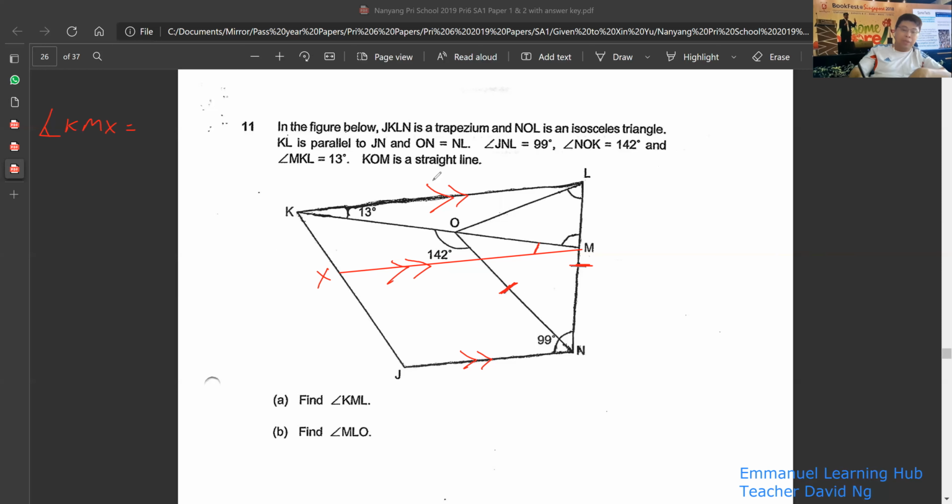This line and this line are parallel. I'm asking you for this angle. I want to see if you can tell me. And it's pretty obvious. What is this angle? If you cannot tell me, I'm quite concerned.